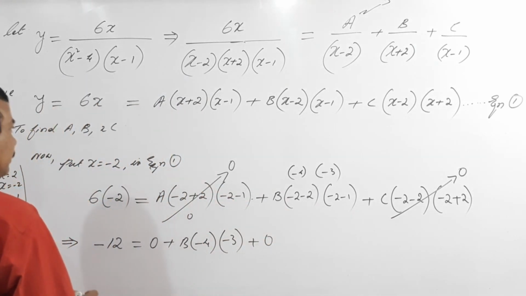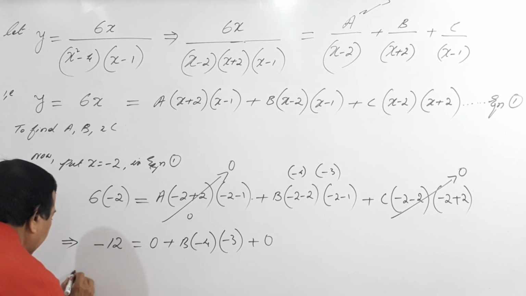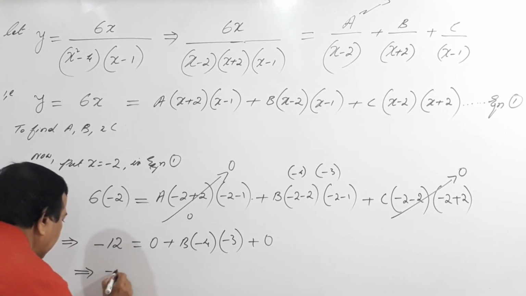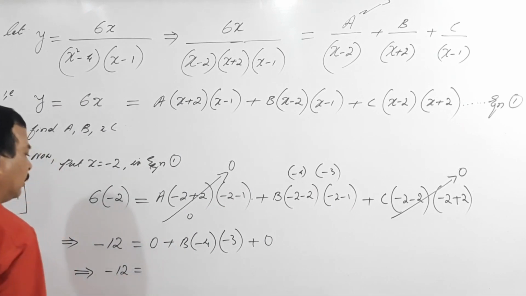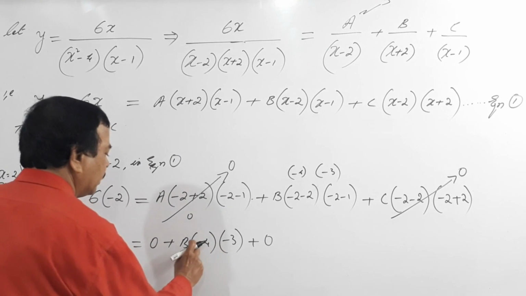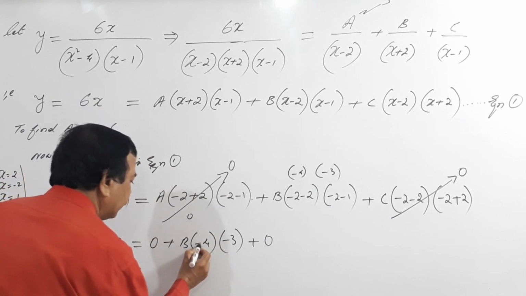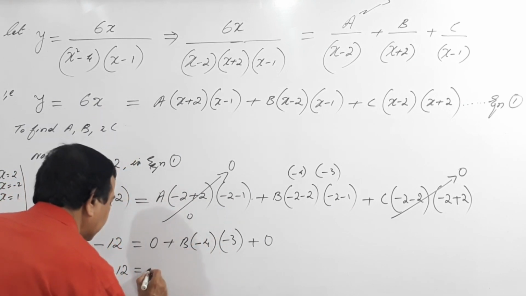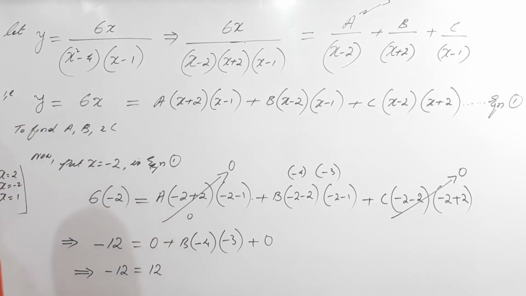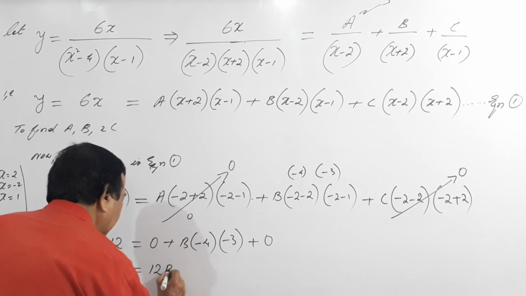So this is minus 12 equals minus into minus, plus 12 into b.